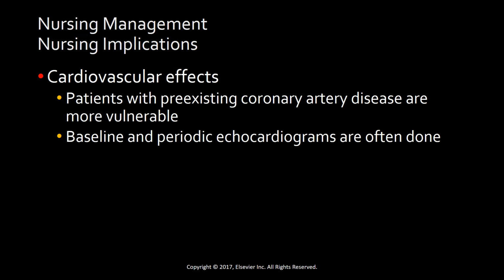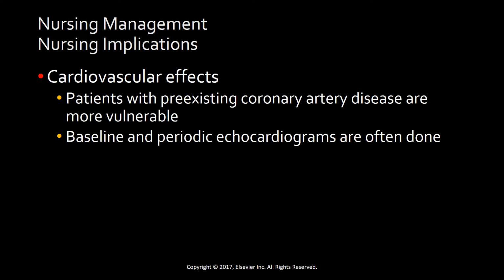The cardiovascular effects. Radiation to the thorax area can damage the layers of the heart, such as the pericardium, myocardium, valves, and coronary blood vessels. The pericardium, though, is the most commonly involved.